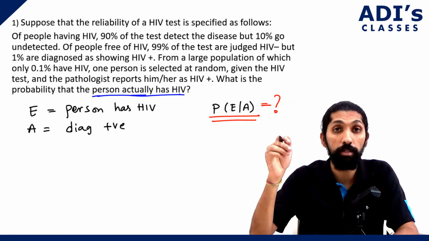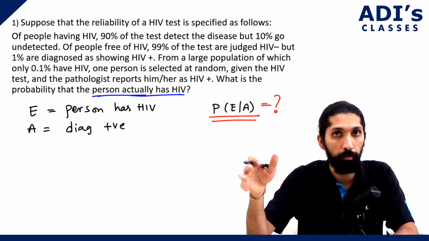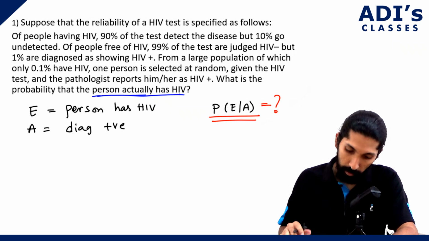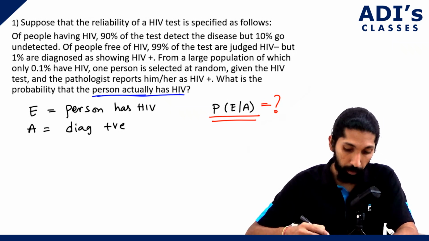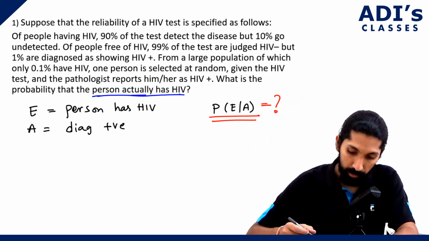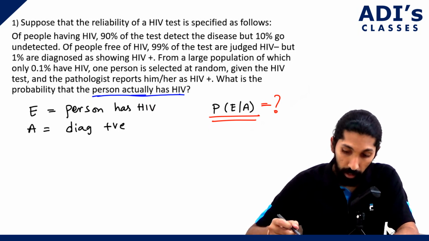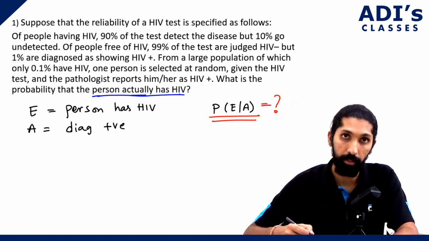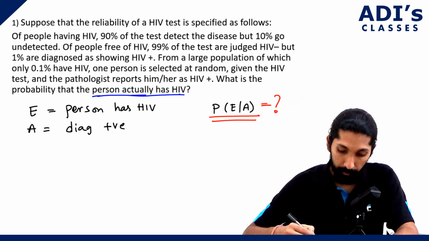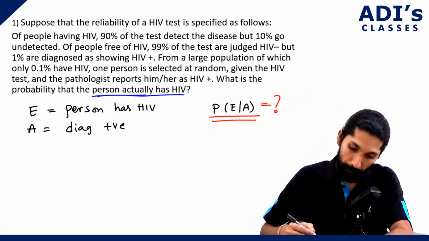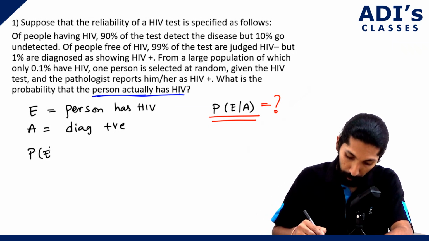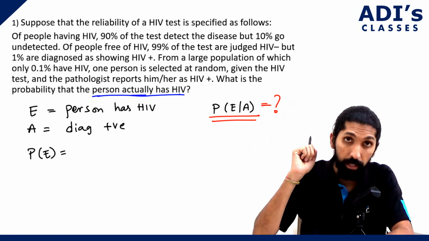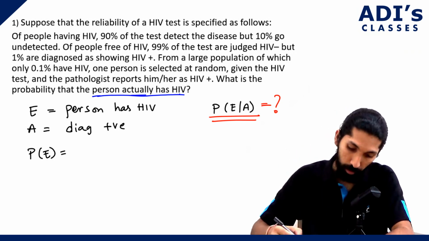Now let's write down what is given and what we can do about it. All right. So let's look at the first one. Of the people having HIV, 90% of the tests detect the disease, 10% go undetected. Correct? Okay, this is one part. First we'll try to calculate P of E, that is the probability that the person has HIV. Look at the question.